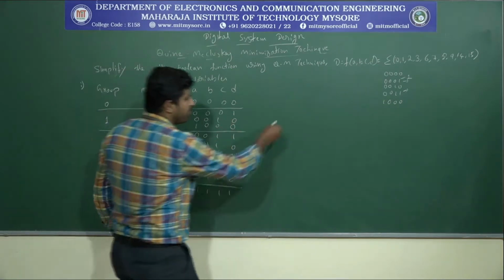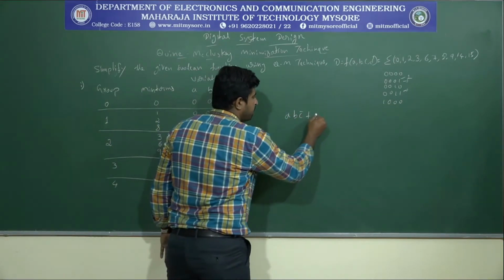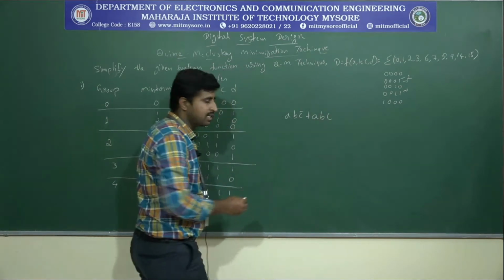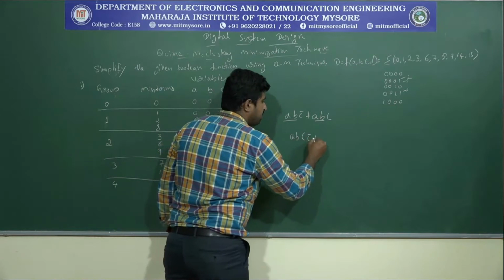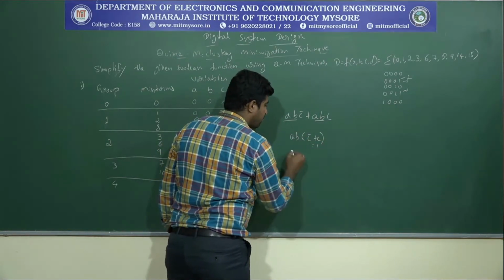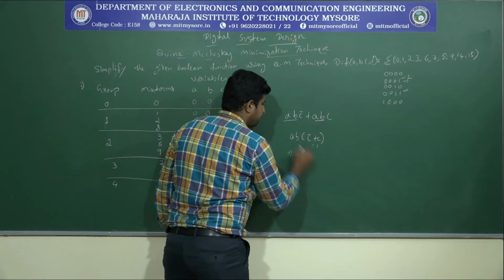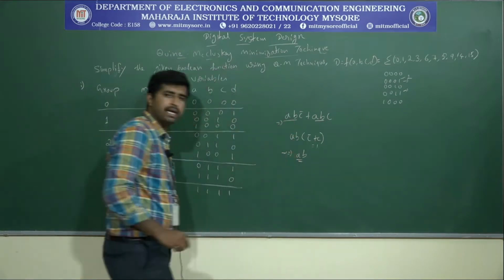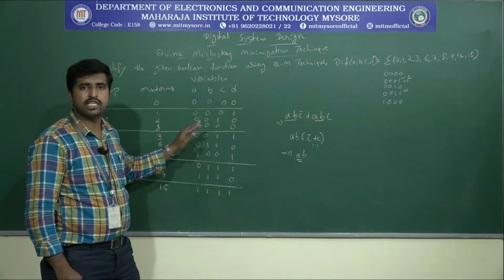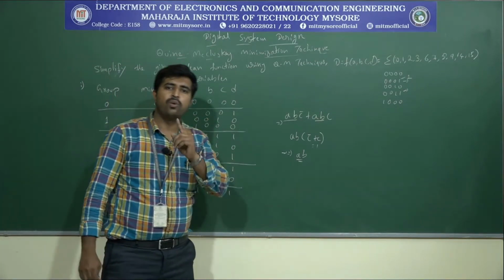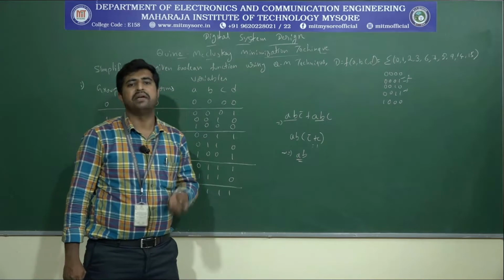When you have ABC bar plus ABC, we can group AB and C bar plus C equals 1, so this is simplified to AB. To do the same thing again, the grouping will be done. That's why we need to look only for the one differing position in the min terms.